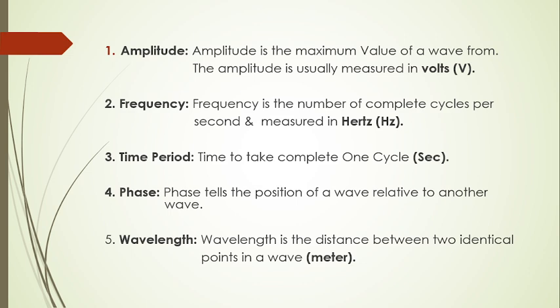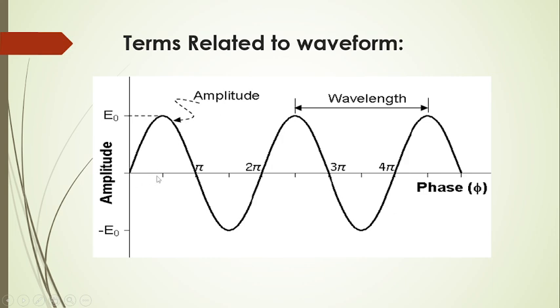Amplitude is the maximum value of a waveform and it is usually measured in volts, means from the x-axis, from 0 to the highest value, the peak value of the waveform. This kind of value is called an amplitude. Usually it is in terms of volts or sometimes it can be in amperes.